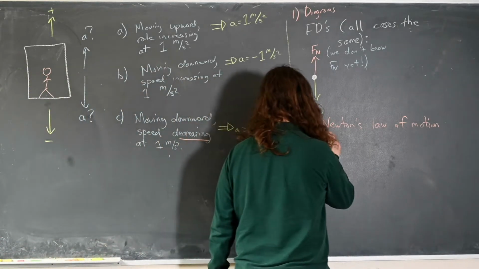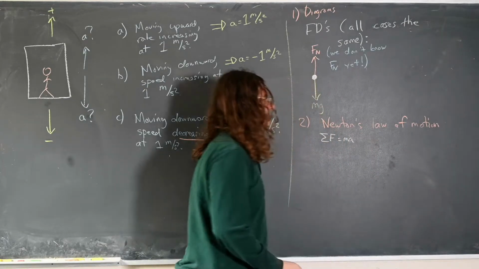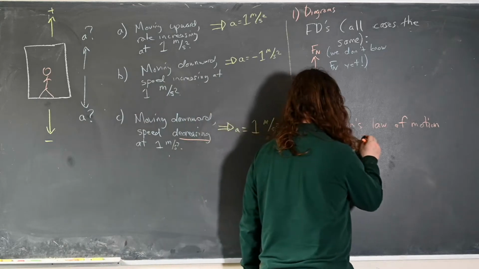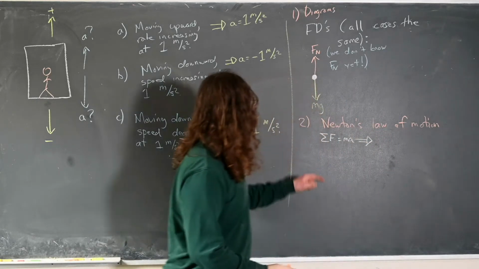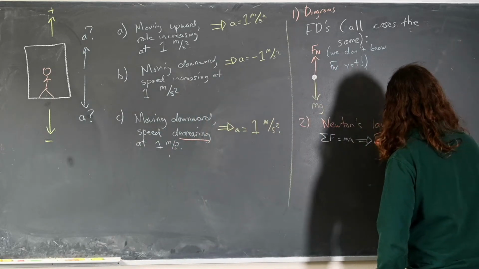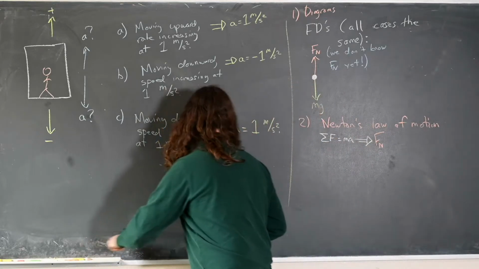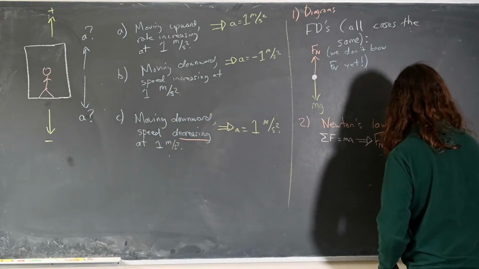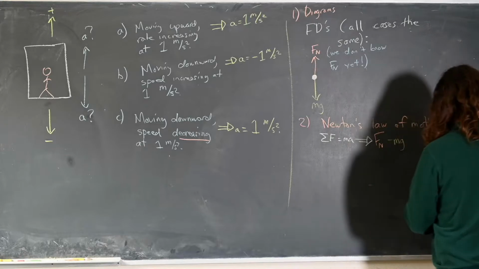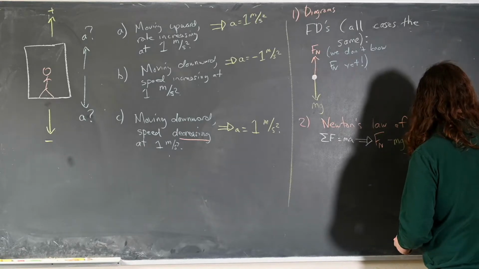I know the sum of the forces equals ma. And in our case, the sum of the forces is just here. The normal force goes up, mg goes down, minus mg, equals ma.